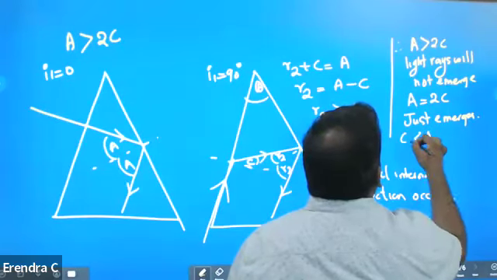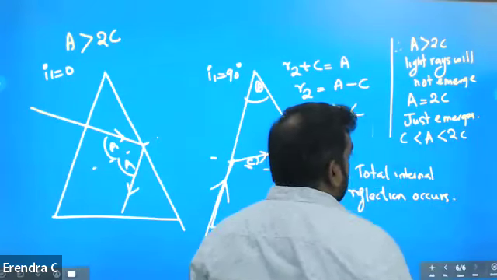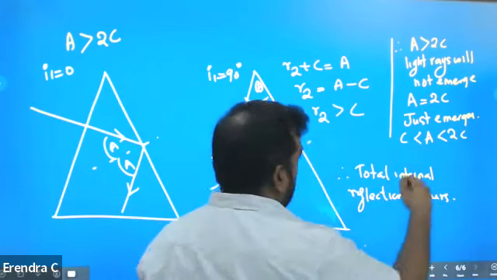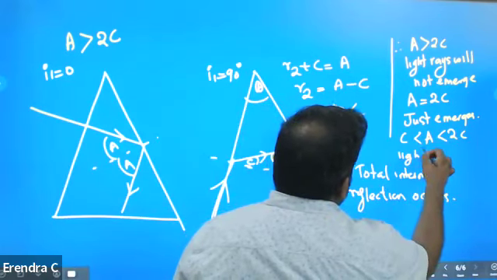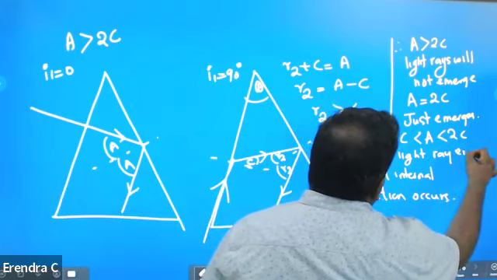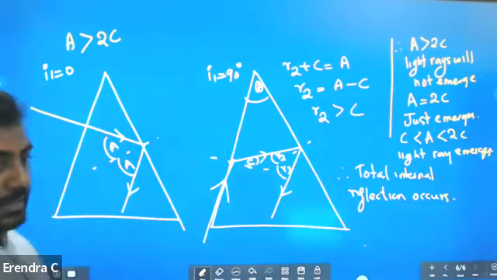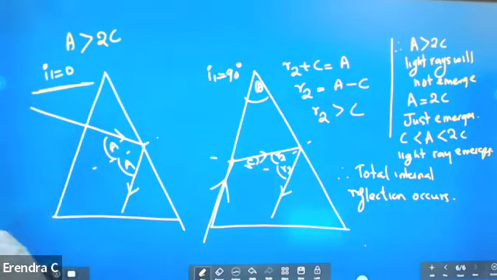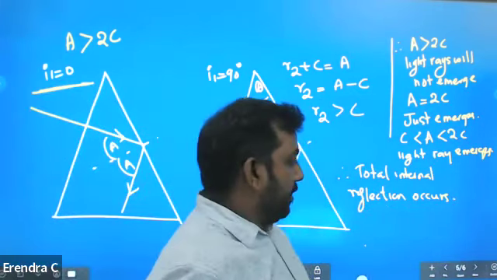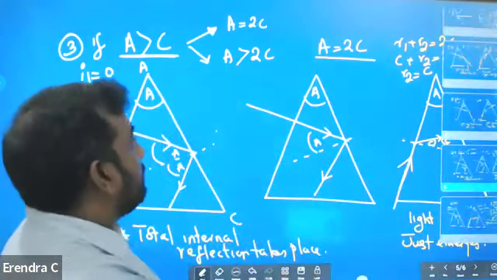A greater than C, less than 2C: the light ray emerges. But guaranteed for I equal naught, the light ray will not emerge. For the bigger angle, it will emerge.